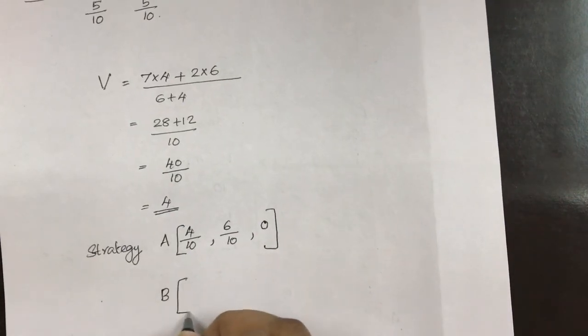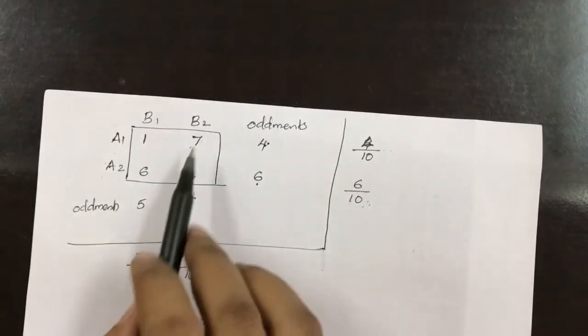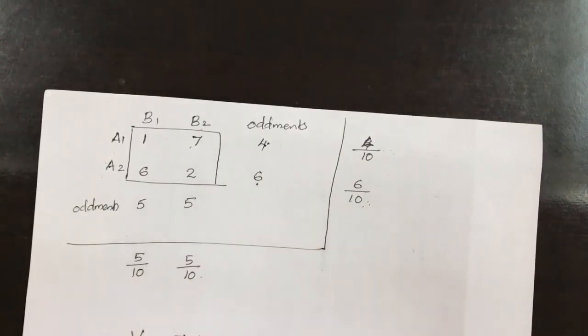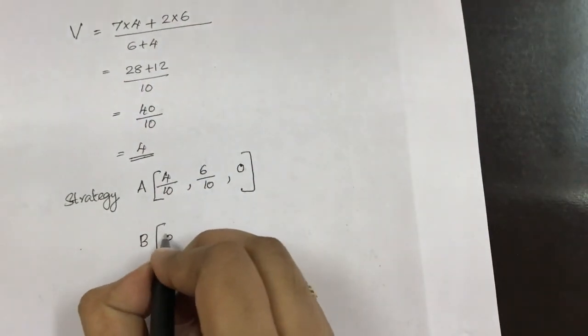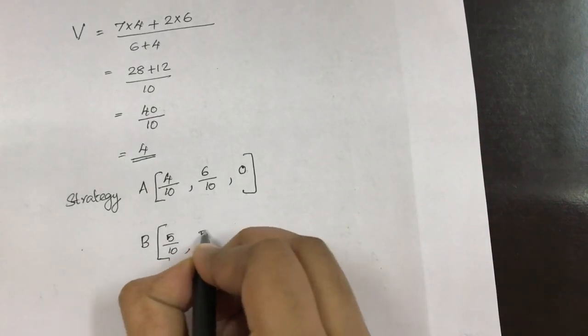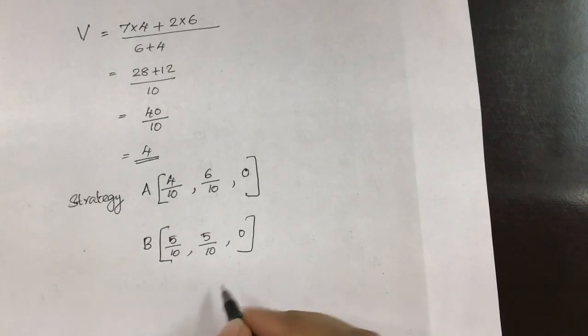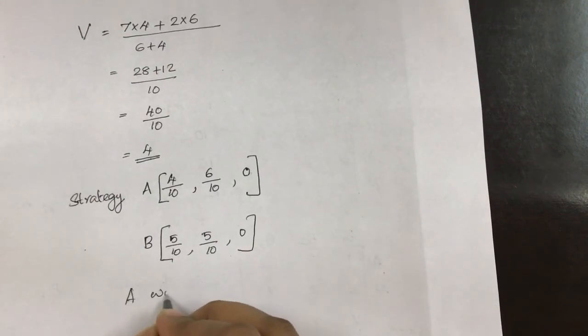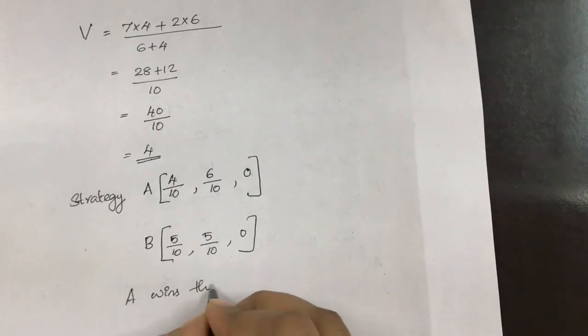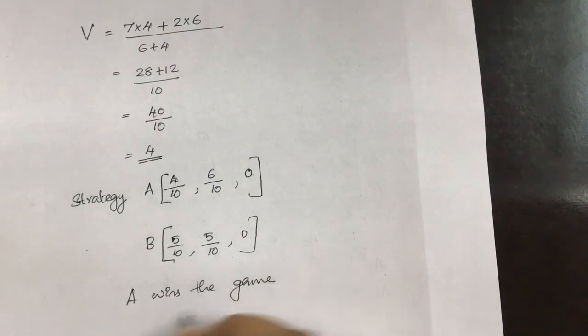B uses strategy B1 and B2; B3 is not used by B. So 5 by 10, 5 by 10, 0. This is the strategy of B. Who wins the game? A wins the game, since the value of the game is positive.